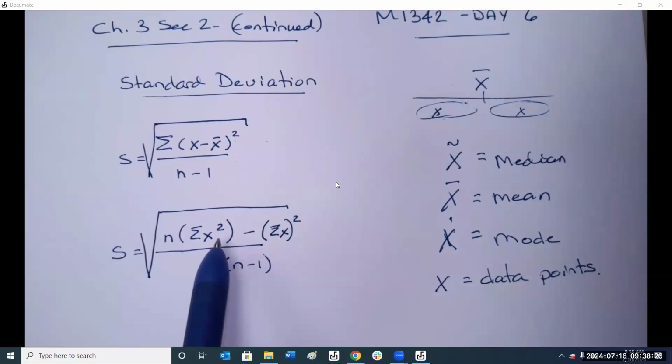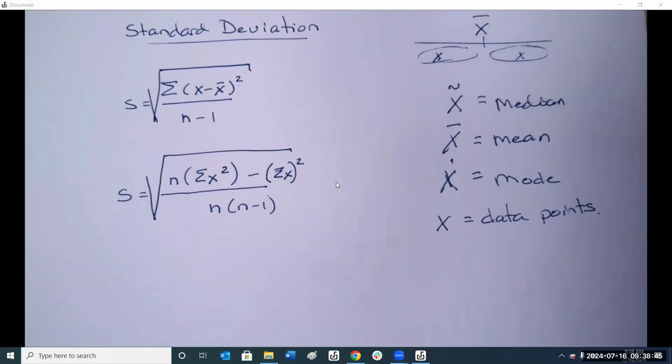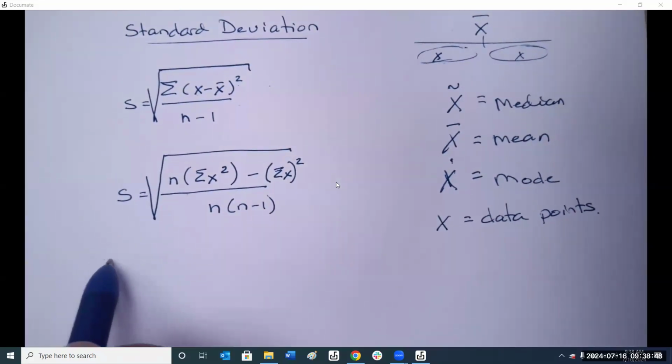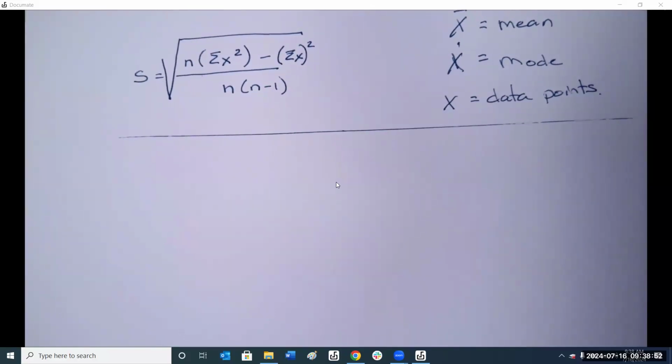Notice on top, it means two different things. You notice that the square is on the inside of the parentheses, so you square the x's first, and then you add them. This one, you add up all the x's, and then you square it. That's what order of operations tells us. So let's go ahead and look at another example we did yesterday, and then we'll move on from there.